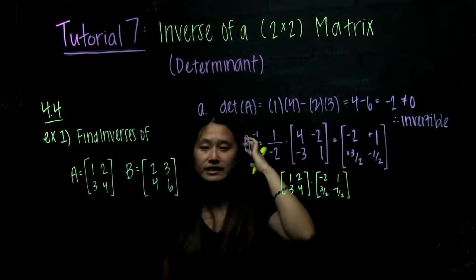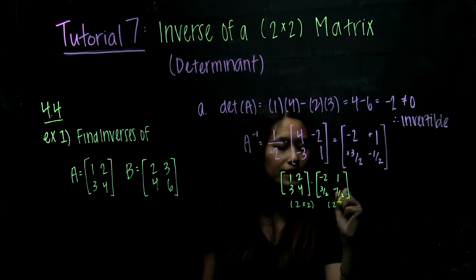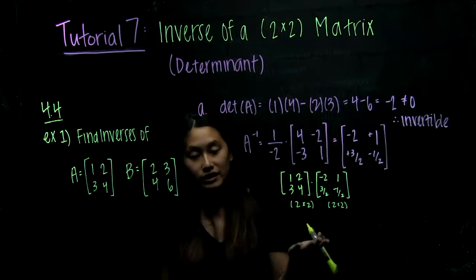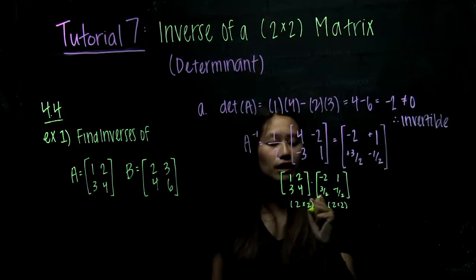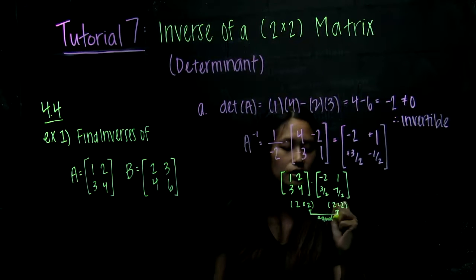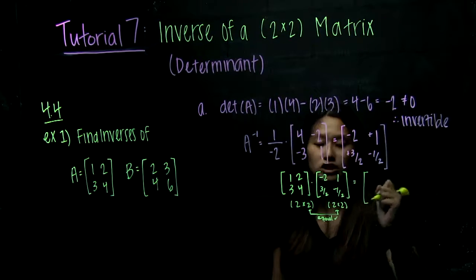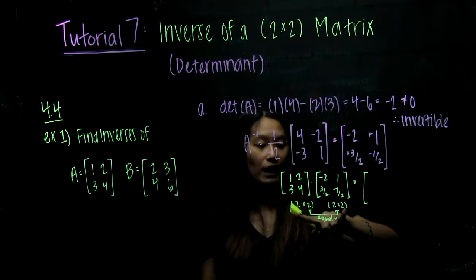Now we know that this multiplication will work because they're both 2 by 2s, meaning that, as in the first tutorial, if you remember, you look at the insides and they are equal, meaning that we can go through with this matrix multiplication. Our resulting matrix is a 2 by 2, which you can tell from the outsides.